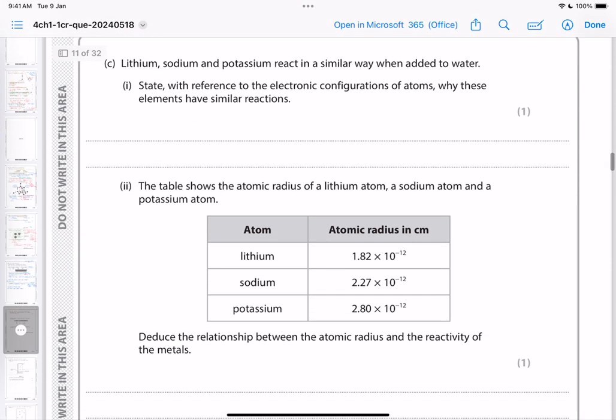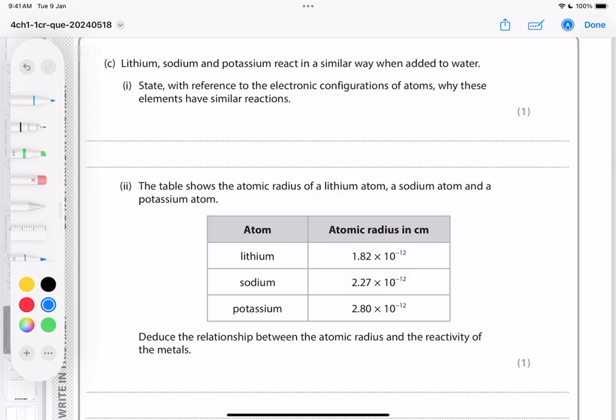Part C. They are saying we have these 3 group 1 metals. They react in the same way when added to water. State with reference to the electronic configuration of these atoms why these elements have similar reactions.